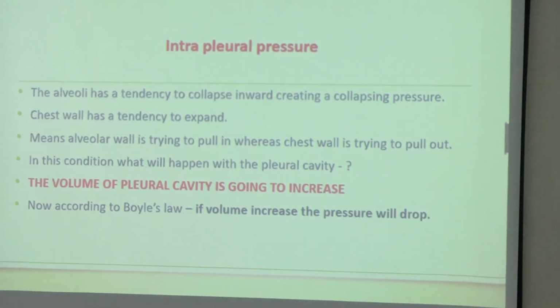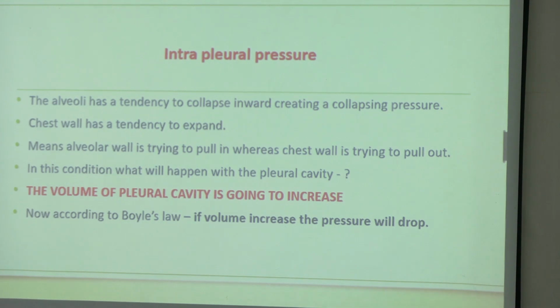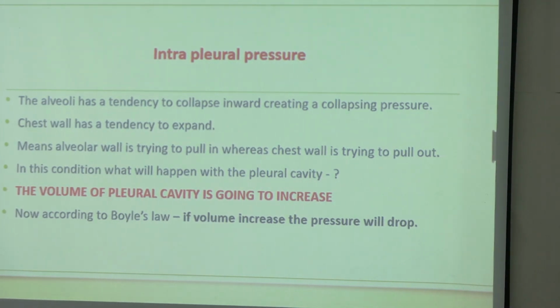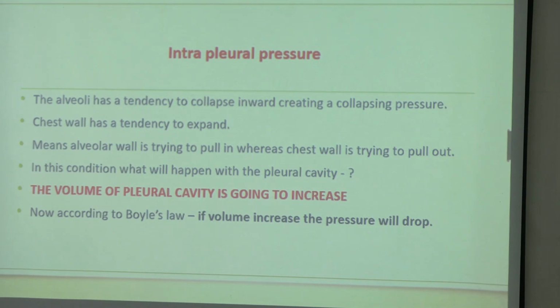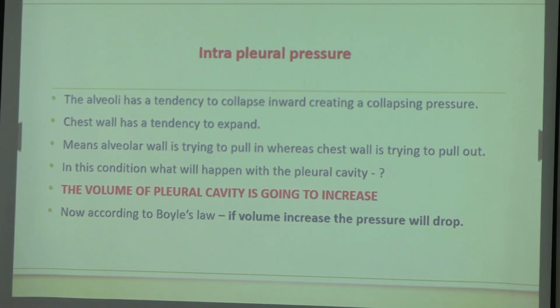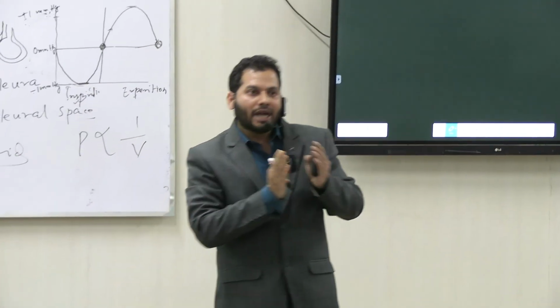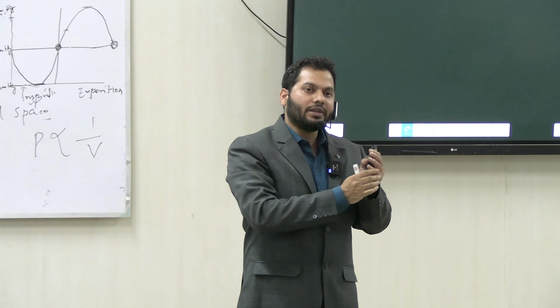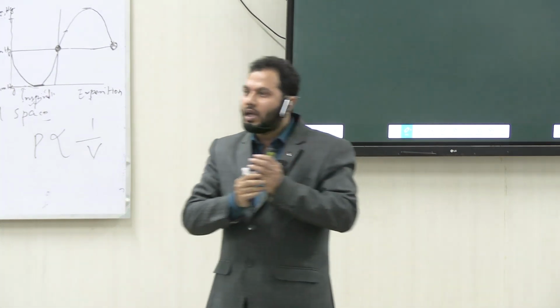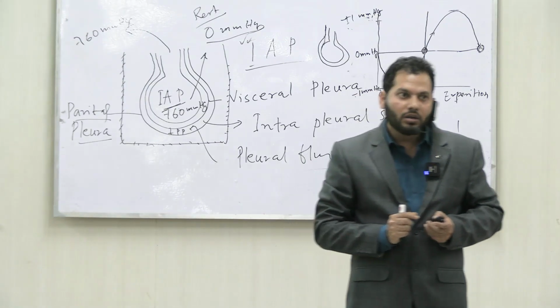Now see, intrapleural pressure. As I mentioned, intrapleural pressure is the pressure that is exerted into the pleural space. If you see the pleural space in both the sides or one side, there is the so-called visceral pleura, which is attached to the lung surface, and parietal pleura, which is attached to the chest wall.